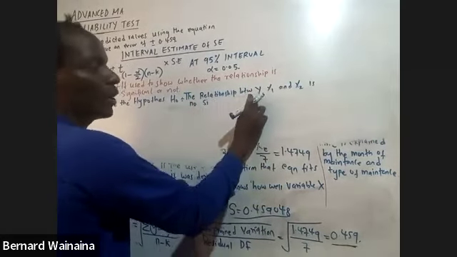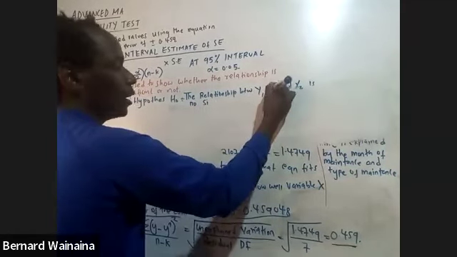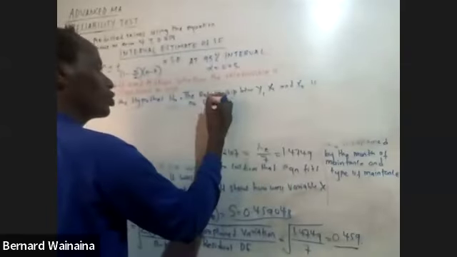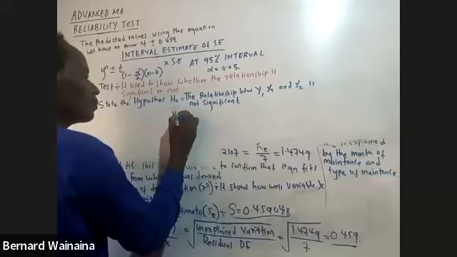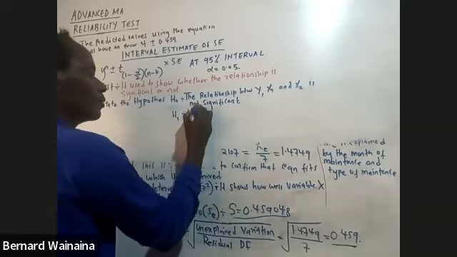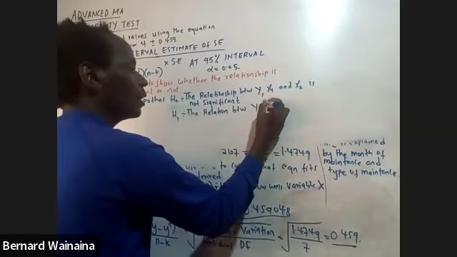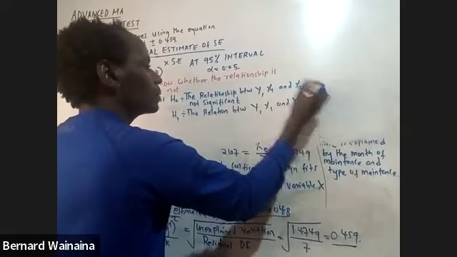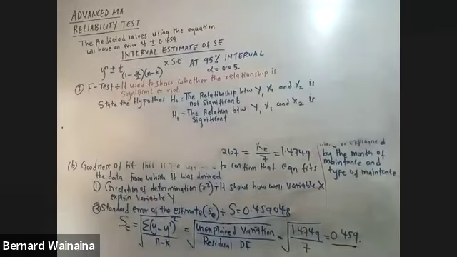Remember, Y was installation, X1 was the type, and the other one was the age. The alternative: the relationship between Y, X1 and X2 is significant. So if we accept the null hypothesis, then it is not significant. If we reject it, then you can say it is significant.